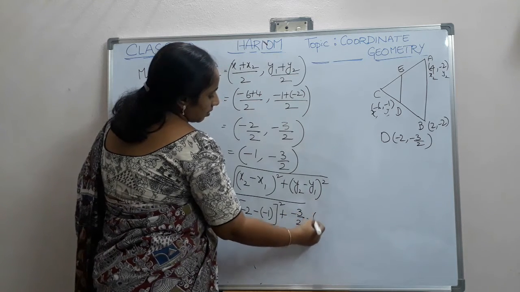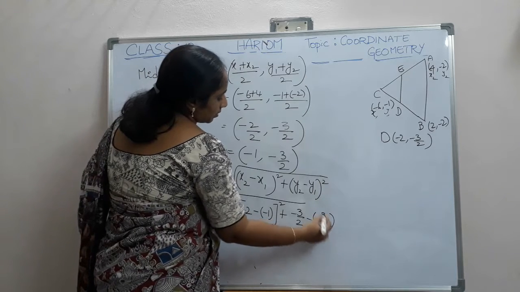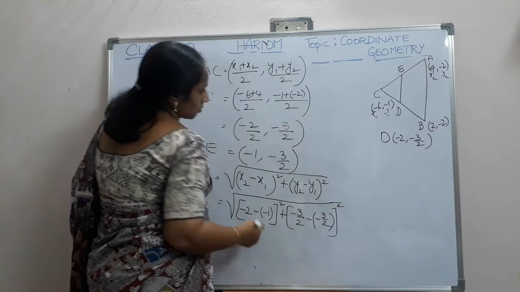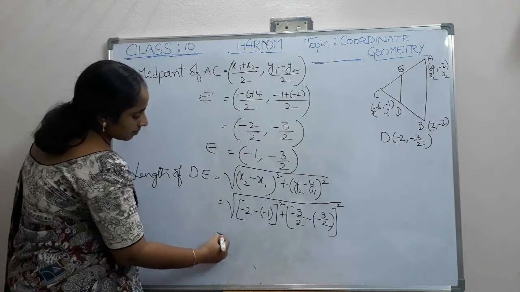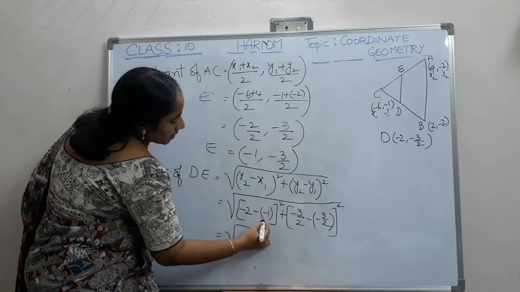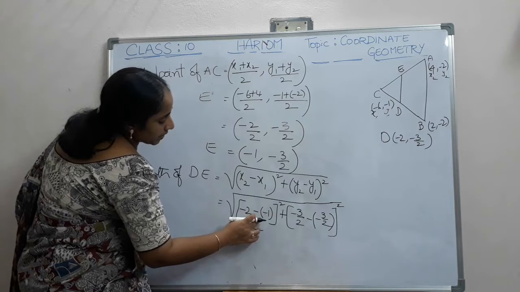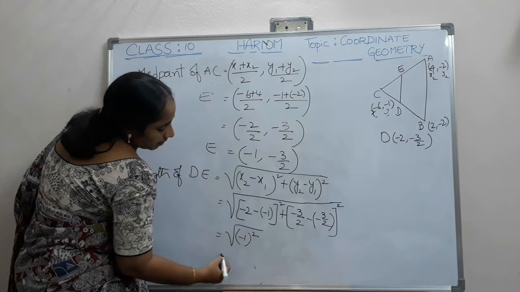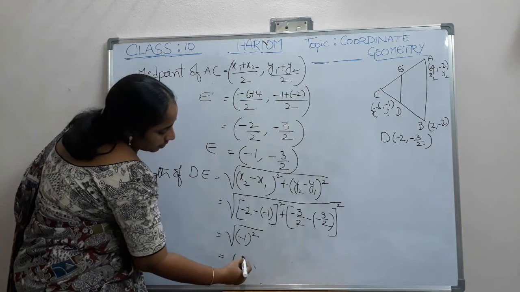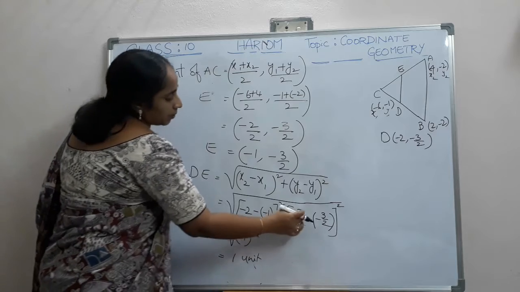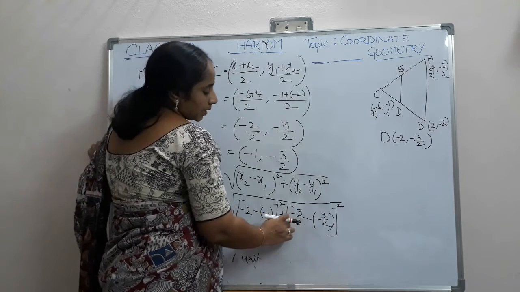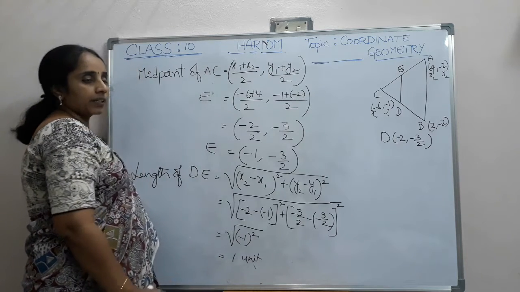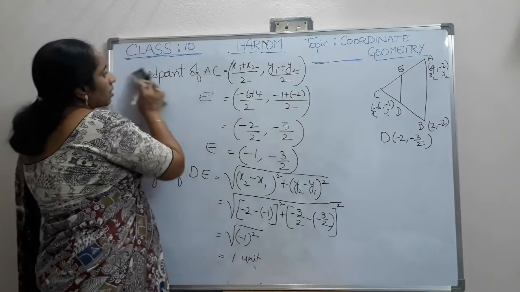It is minus 1 plus 2, whole square, which is 1 whole square, which is 1 unit. Here minus of minus 3 by 2 is plus 3 by 2. Minus 3 by 2 plus 3 by 2 is 0. So length of DE is 1 unit. Now length of AB.